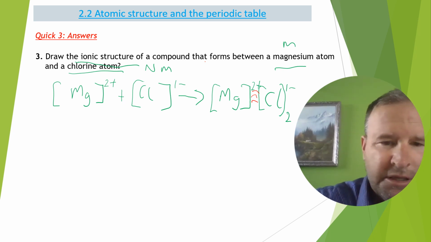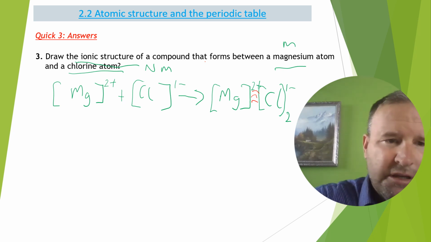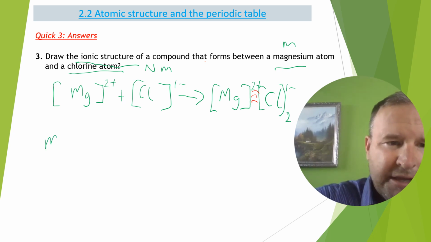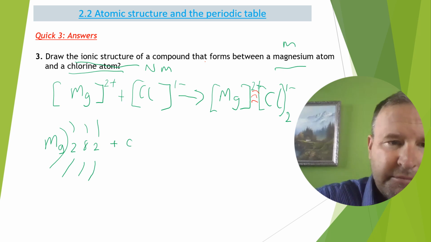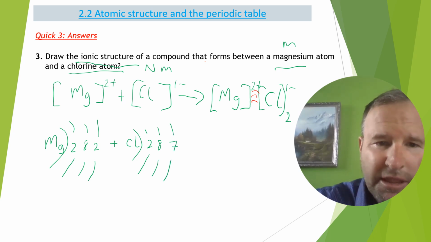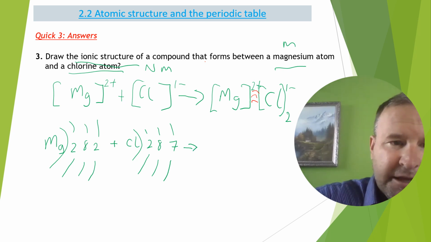Now showing you in electron shells, magnesium 2, 8 in the second shell, 2 in the third. We add that to chlorine, 2 in the first, 8 in the second, 7 in the third. Now what happens here? Magnesium loses 2 electrons.